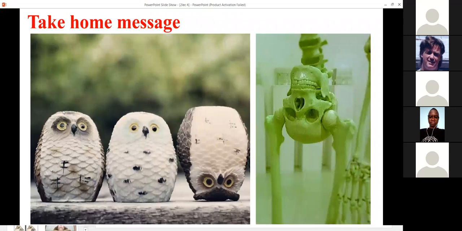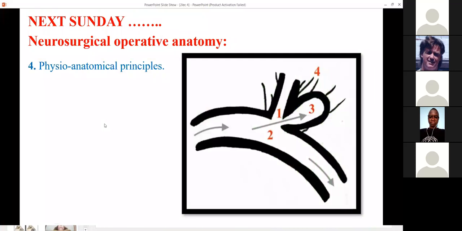And today we add that you should know the neuroanatomy in the anatomical position, and also in the upside down position, or the inverted position, or the real operative position. That's our message.